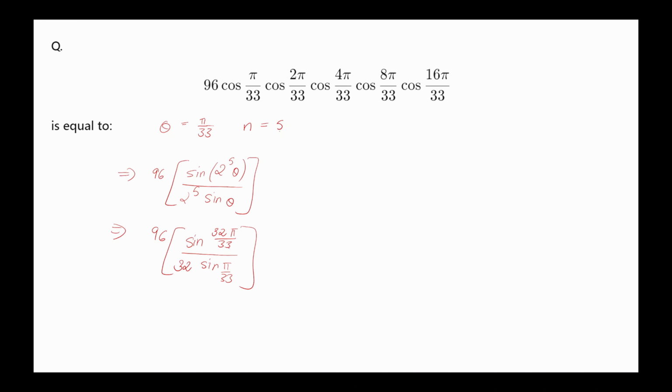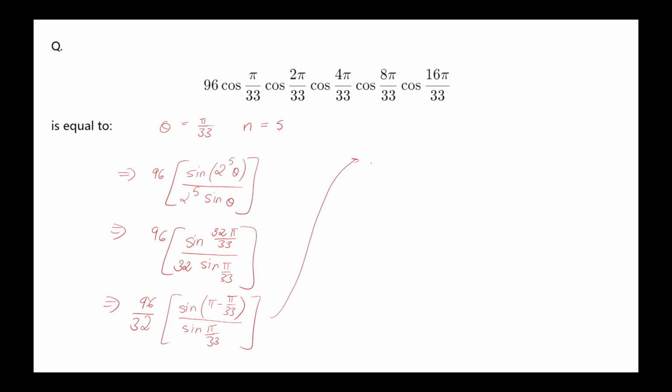Now if you look at 32 by 33, you can write it down as pi minus pi by 33. So now I'll write it down as 1 by 32 into sine of pi minus pi by 33 divided by sine of pi by 33.